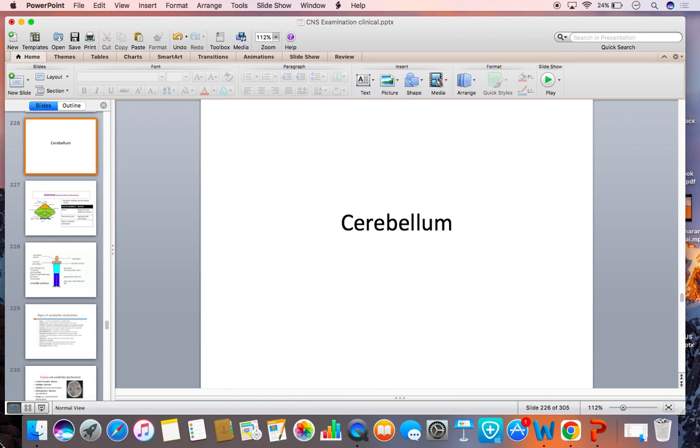We may fall frequently, we may not be able to execute our voluntary act properly. There are bizarre movements, our speech is disturbed, and you will be identified very easily if you have cerebellar dysfunction. So it is very important to know the anatomy of the cerebellum, its blood supply, and the causes of cerebellar disorder.